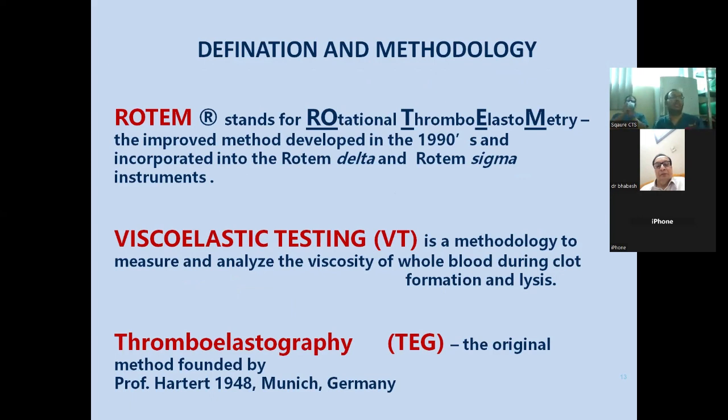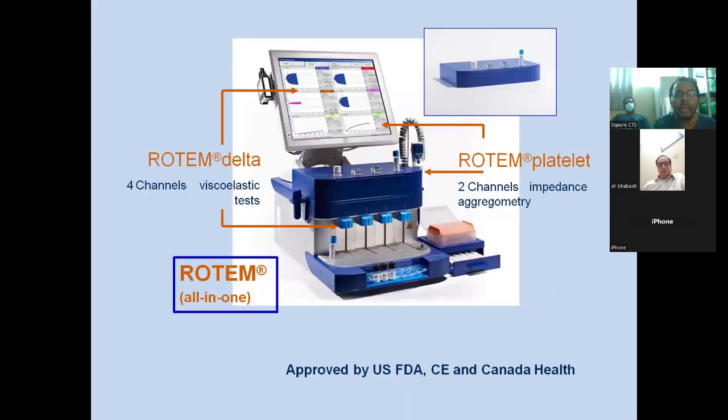In the past, we used to do the TEG, or thromboelastography, and ROTEM is the updated version of it. Viscoelastic testing is the methodology to measure and analyze the viscosity of the blood during clot formation and lysis. Thromboelastography was an original method founded by Professor Hartert in 1948, Munich, Germany.